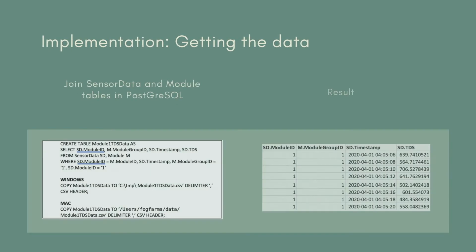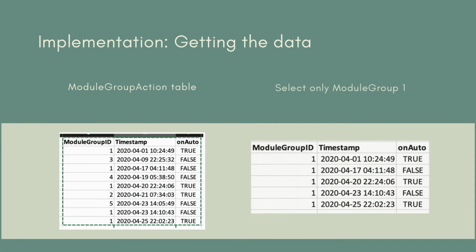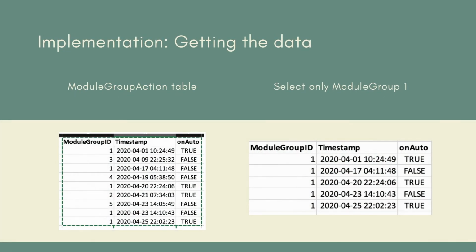To collect data in PostgreSQL, first we join tables in PostgreSQL and store the result as a table. We will get the TDS sensor data for a particular module group and module. Here it is module 1 from module group 1. We then export the table to a CSV file. The module group action table logs whenever the mode of the system is changed between automatic and manual.